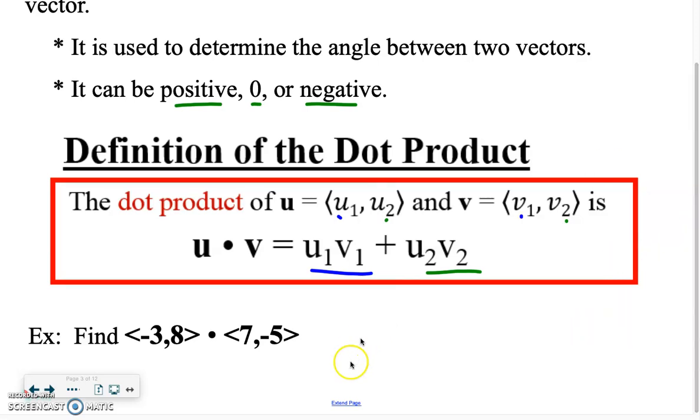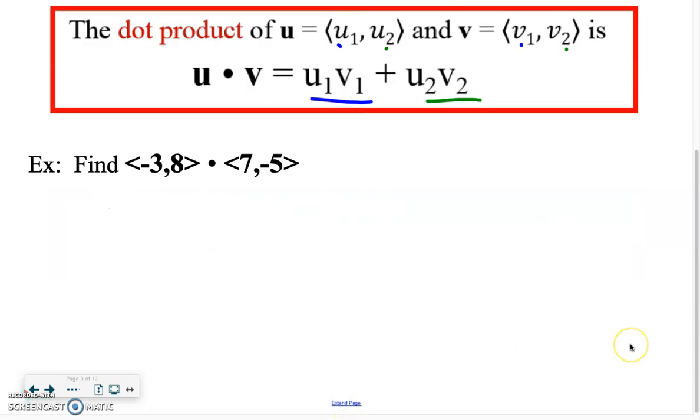Okay, so if we wanted to find the dot product in this first example, the first vector is -3, 8. The second vector is 7, -5. One other thing I do want to point out: this is not a multiplication situation. We aren't saying that we're taking U times V. This is read U dot V. It's a little bit different than multiplication.